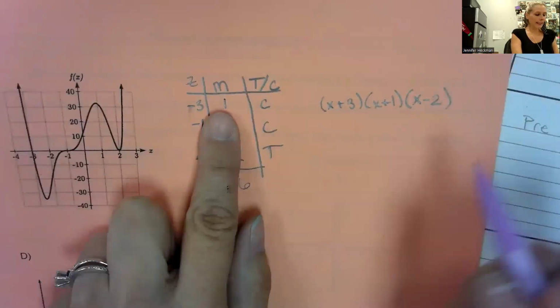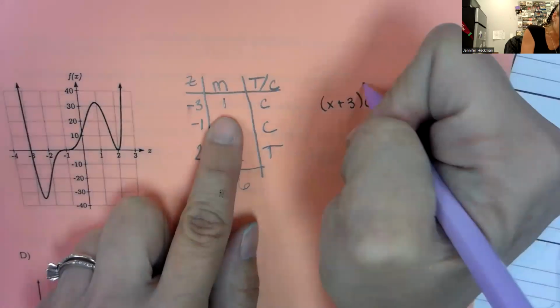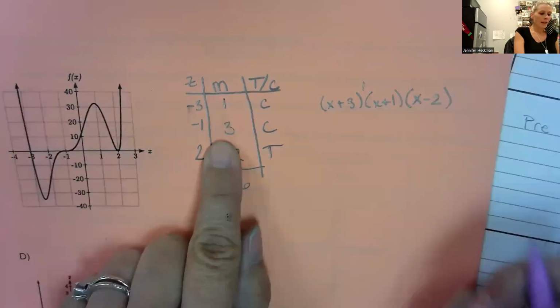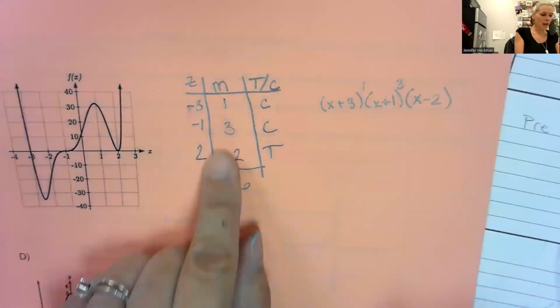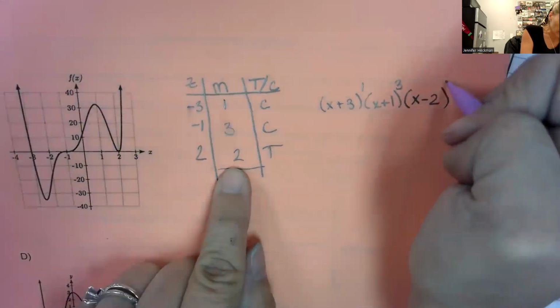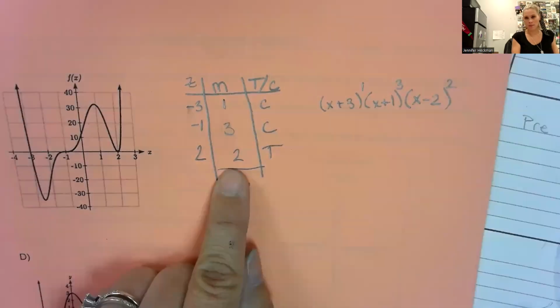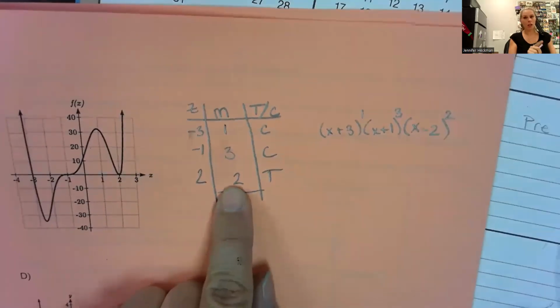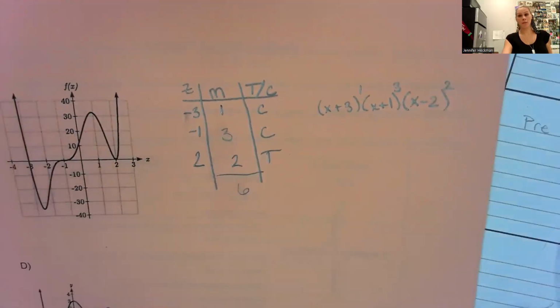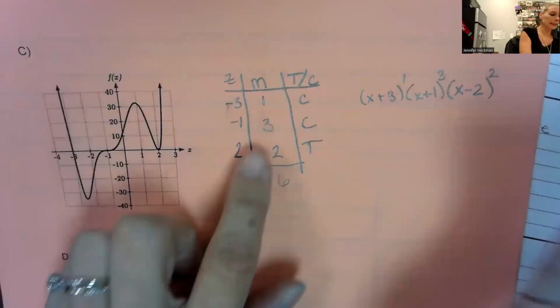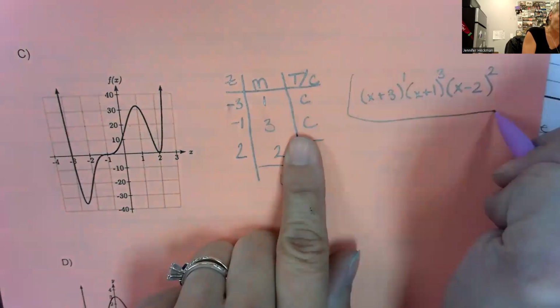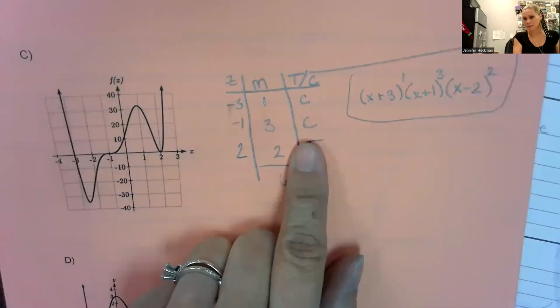Okay, and we already said that at the -3, it's going to be to the first. For the -1, it's going to be to the third. And for the 2, it's going to be squared. Now, make sure if it's positive or negative. Since they're both going up, that means this function must be positive.